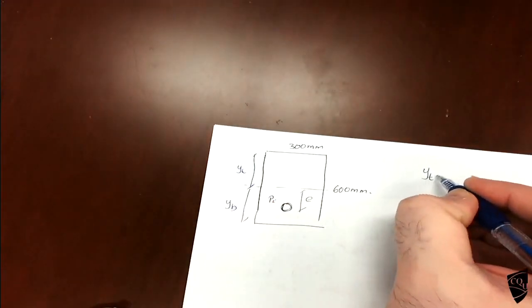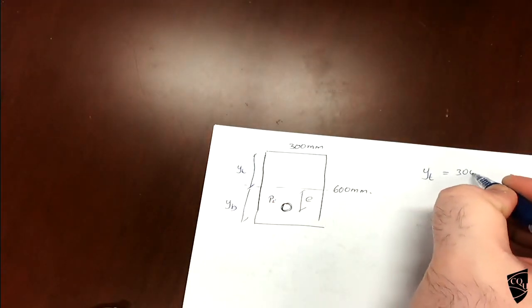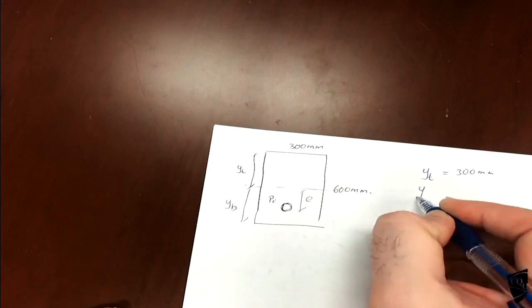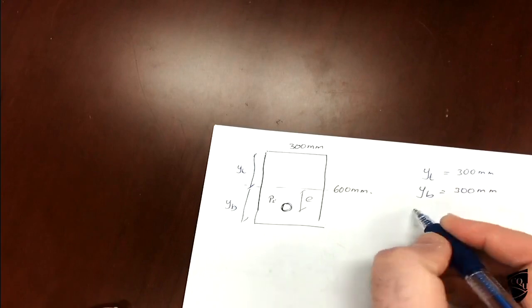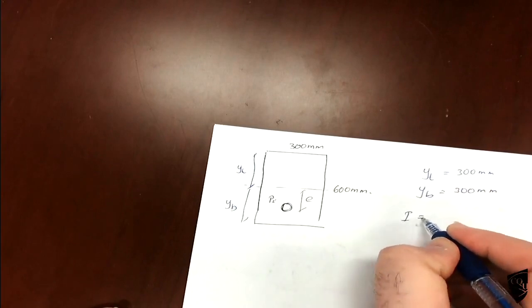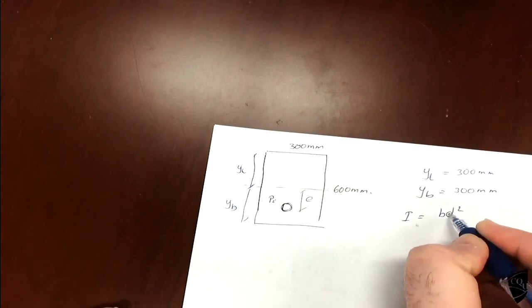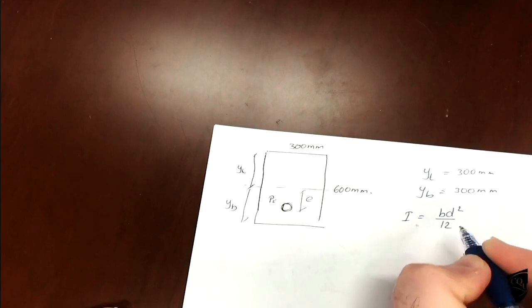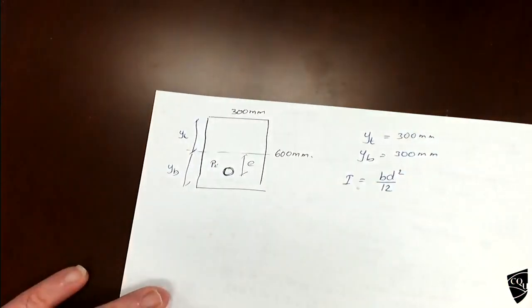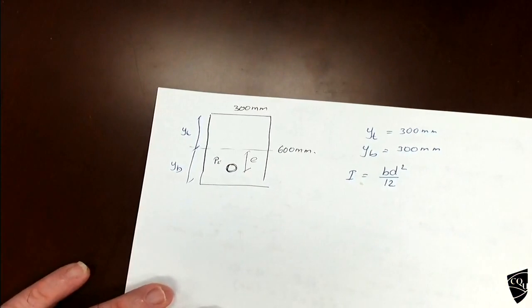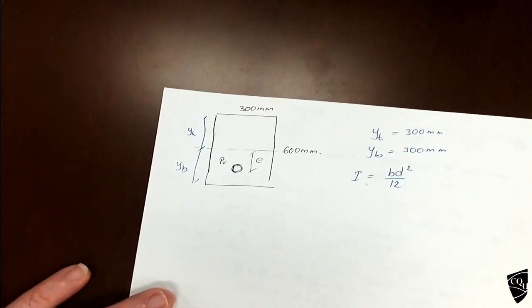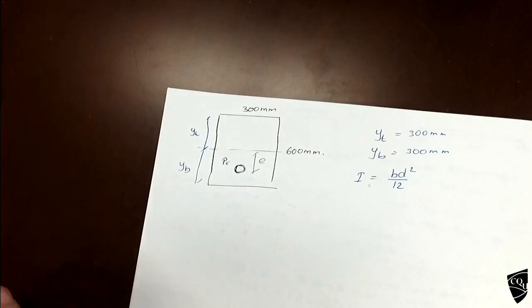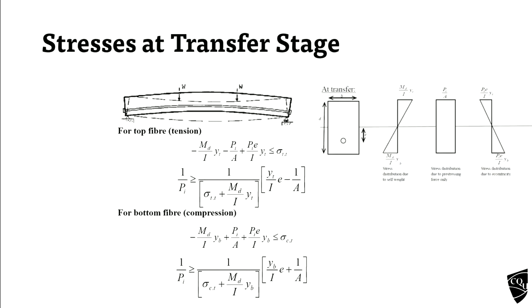So YT is 300, YB is 300, and I is BD squared upon 12. So you should be able to calculate all the values and substitute in the equations, or in the inequalities.